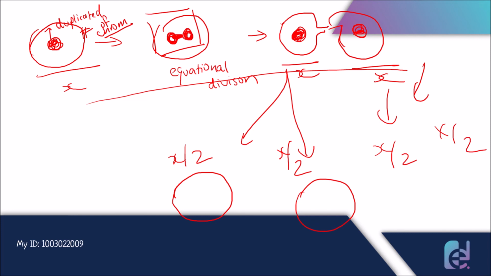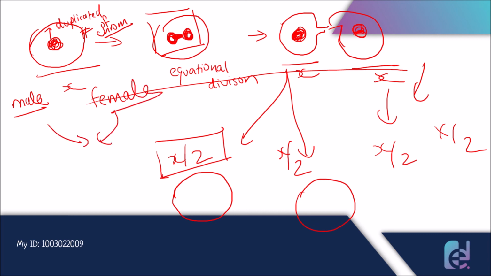Now you might be asking, why do we need half the number of chromosomes for reproductive cells? Well, as you remember, for reproduction to happen, the male gives a cell and the female also gives the cell. Both of them give a cell, and that forms a baby. However, if the male gave X, female gave also X, then the baby will have 2X.